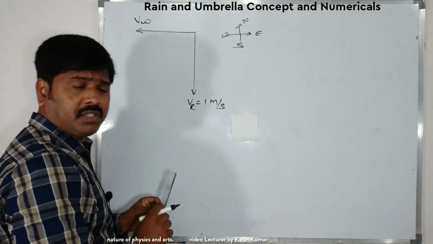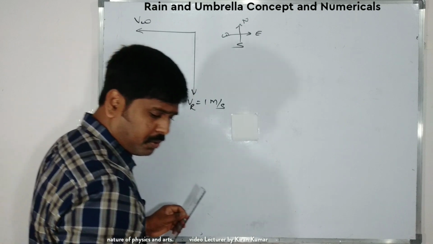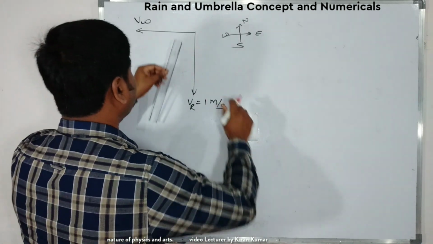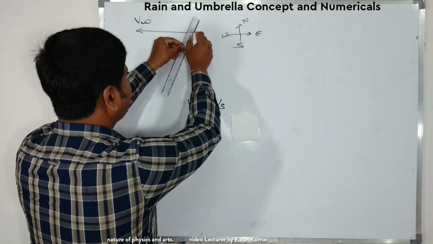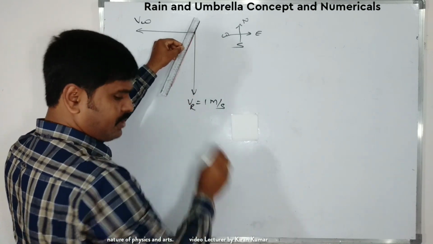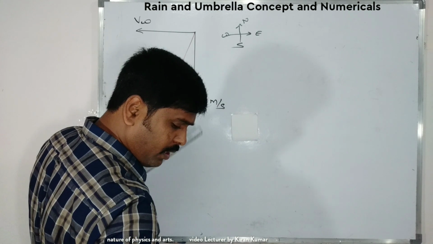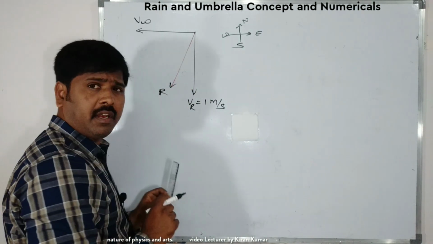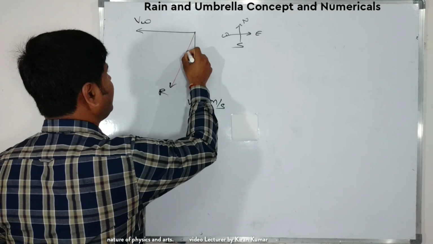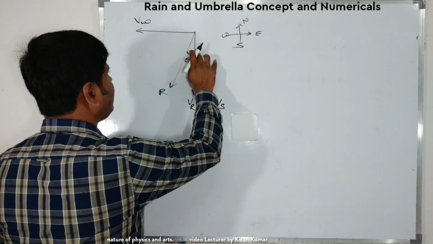The person must hold his umbrella between the two velocities like this, because this is the resultant direction, and it makes an angle theta here.